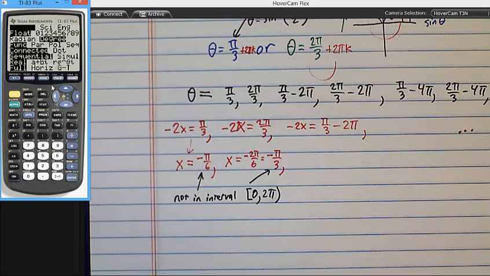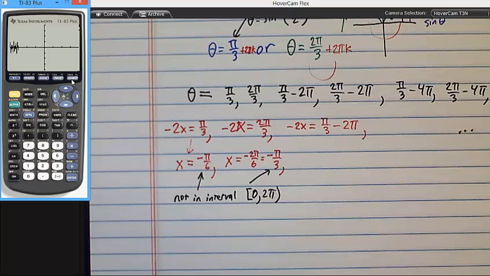Let's check that out. Always start in radian mode. Okay, let's graph again. Ooh, now that's kind of funny, isn't it? That's because I'm going from 0 to 360. Let's try zoom trig again, and it should go from 0 to 2 pi in radian mode. Okay, so now I'm happy again.